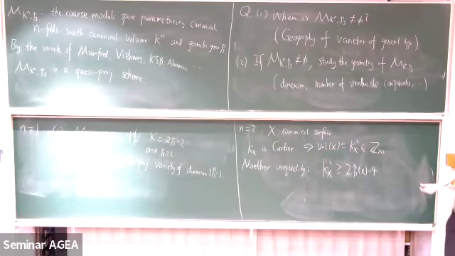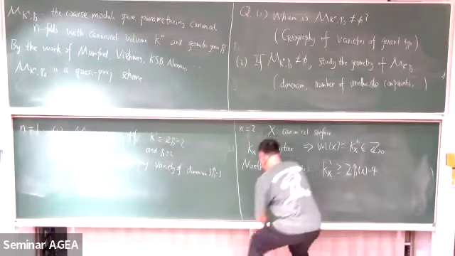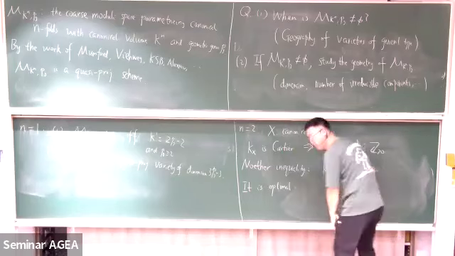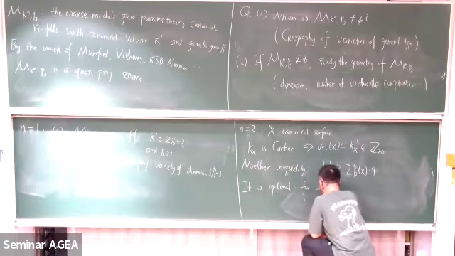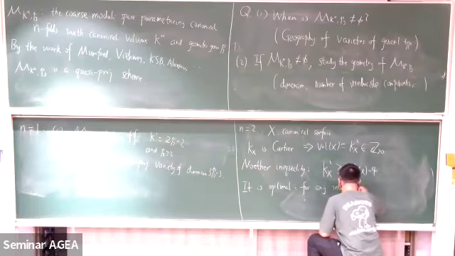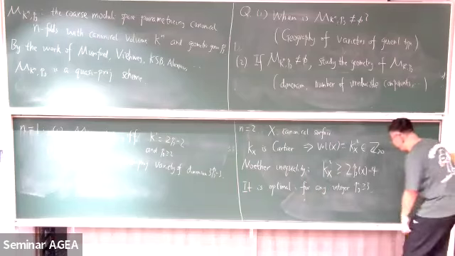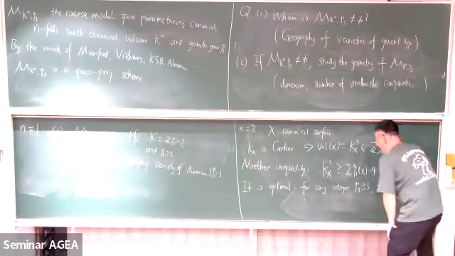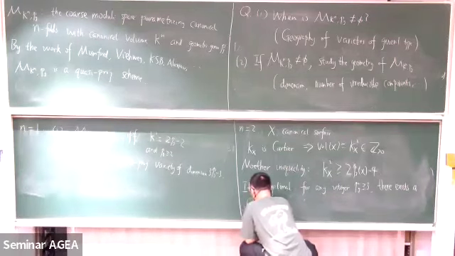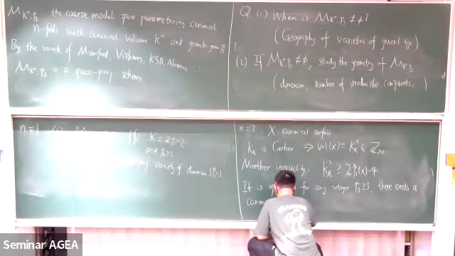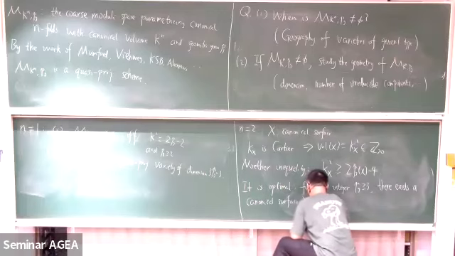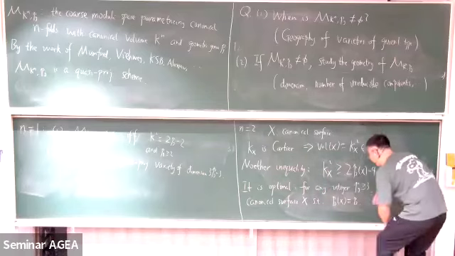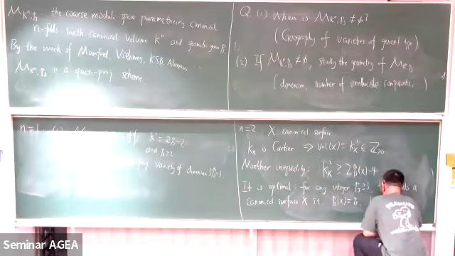And this inequality is optimal, which means that for any integer p_g larger than or equal to 3, there exists a canonical surface X such that the geometric genus is p_g and the canonical volume is 2p_g minus 4.